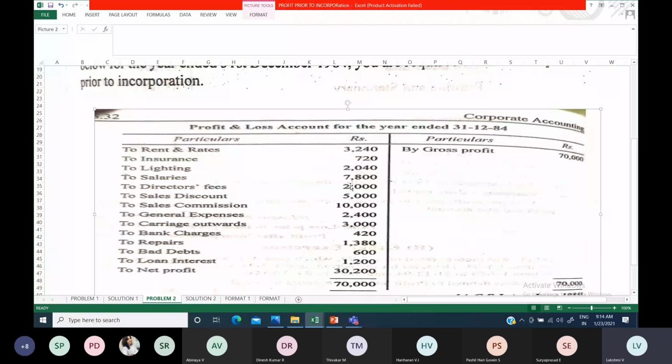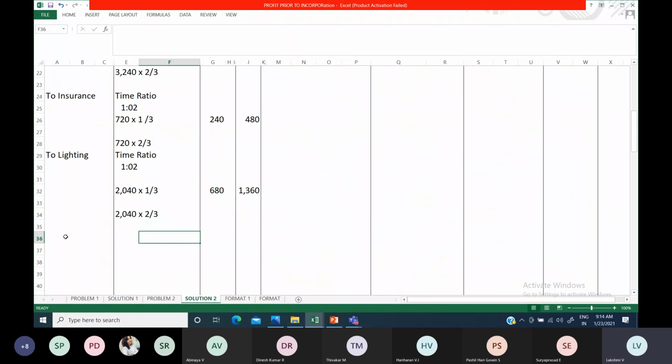Salaries, 7,800. Again, this has to be done on time ratio basis. So salaries, mention time ratio as 1 is to 2.